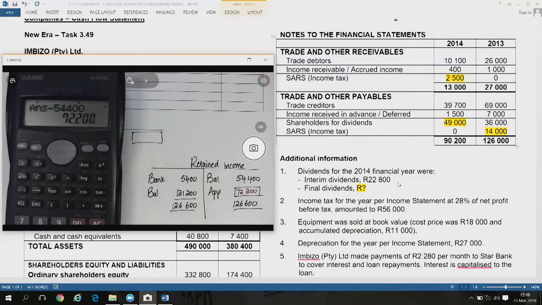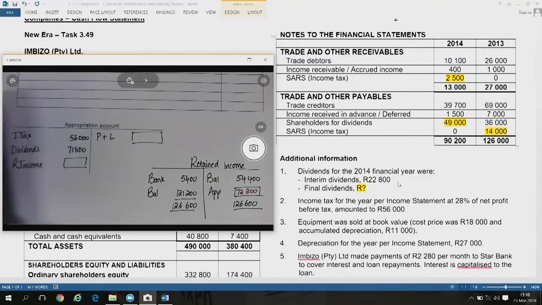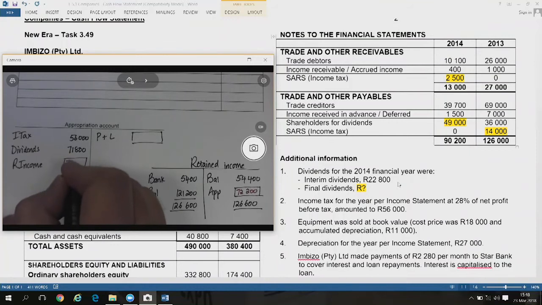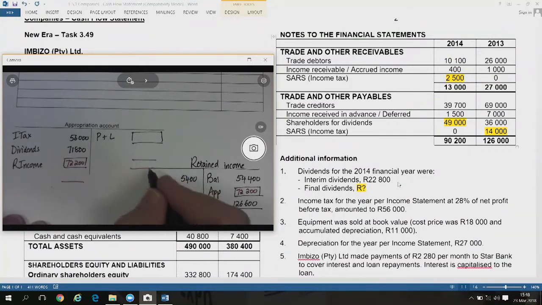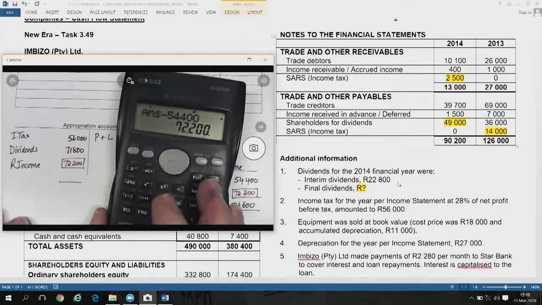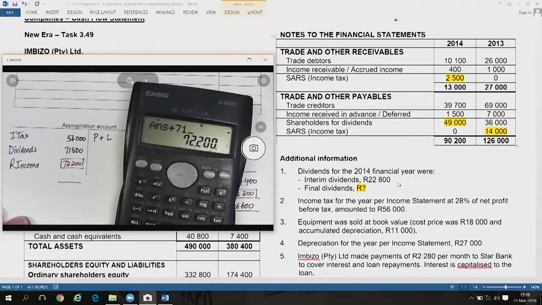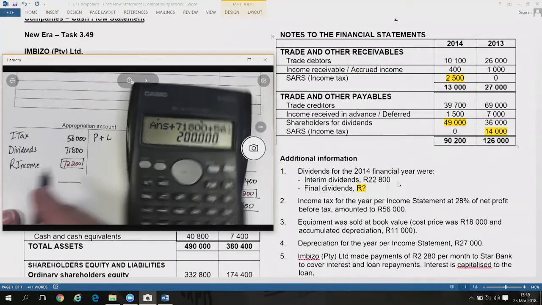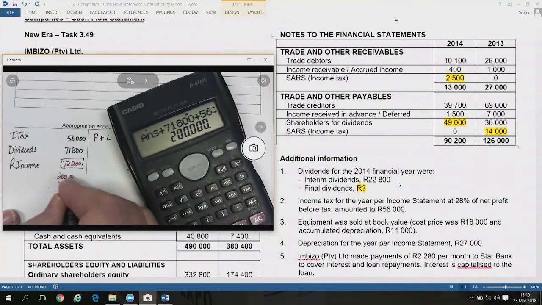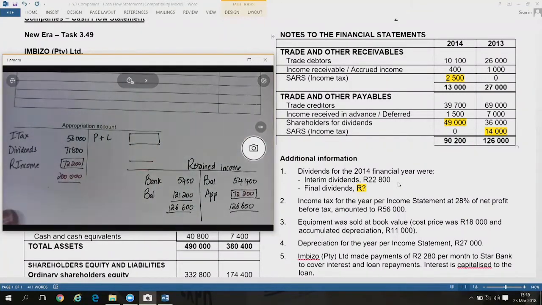126,600 minus 54,400, that was the balance at the beginning of the year, gives me 72,200. If I take the 72,200 and add this side of the appropriation account, plus 71,800 plus 56,000, it gives me 200,000 rand. And what is the 200,000?